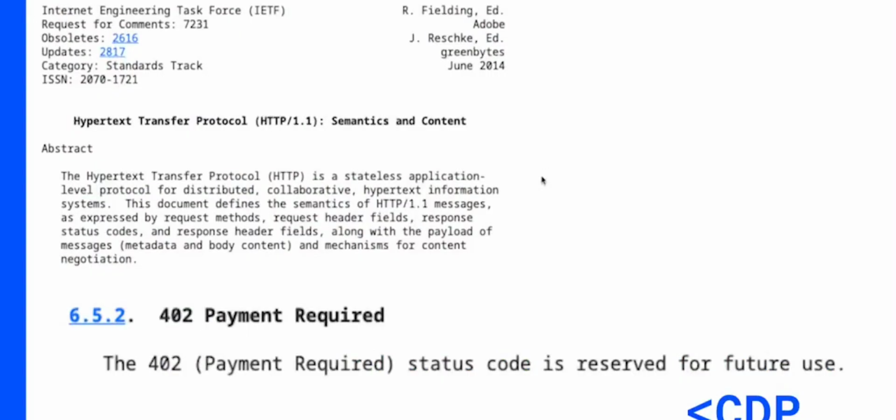We talked earlier about 200 being the status code for, hey, everything's good, you're okay. HTTP 402 is payment required. And what you're showing on the screen now, you guys, is the entire text of the 402 status code in the specification for HTTP 1.1, which just reads, the HTTP 402 payment required status code is reserved for future use.